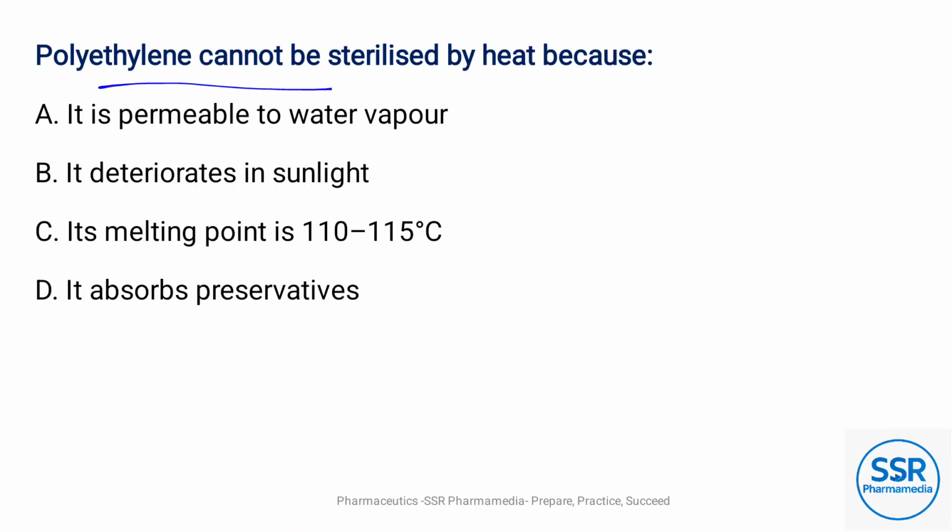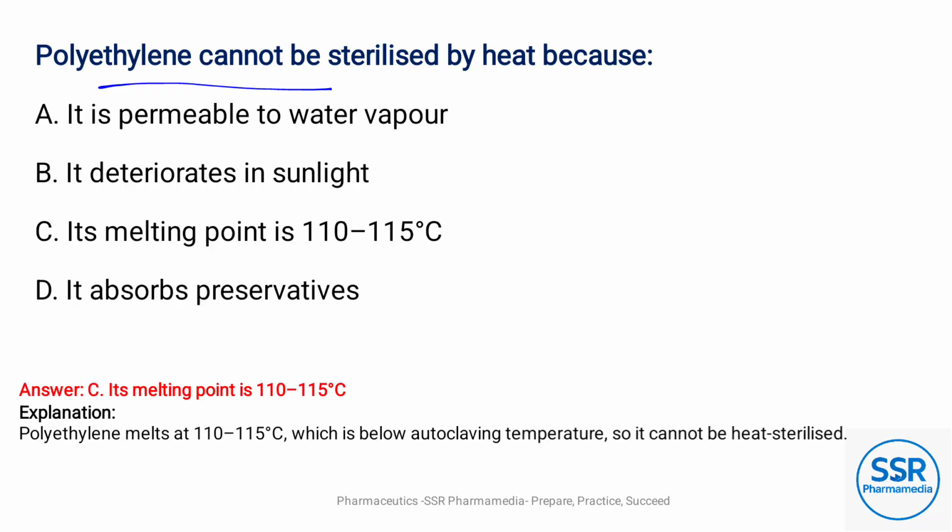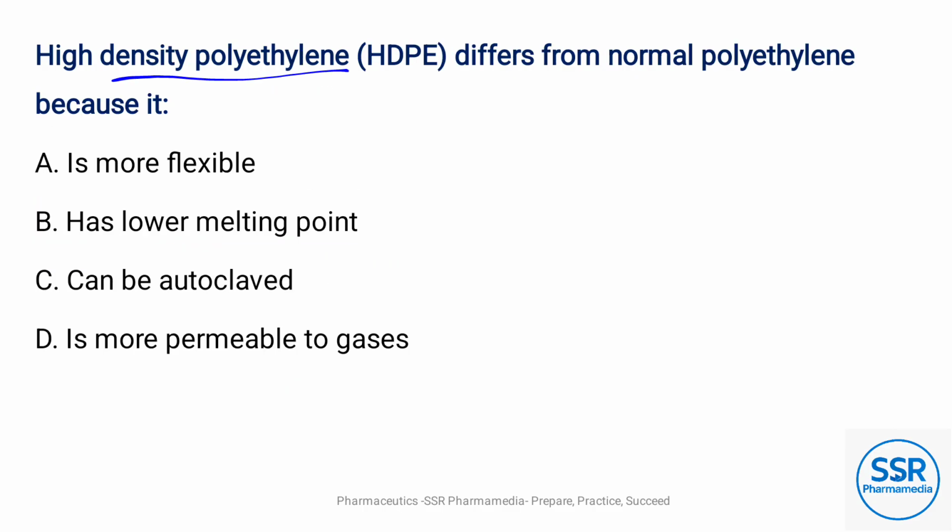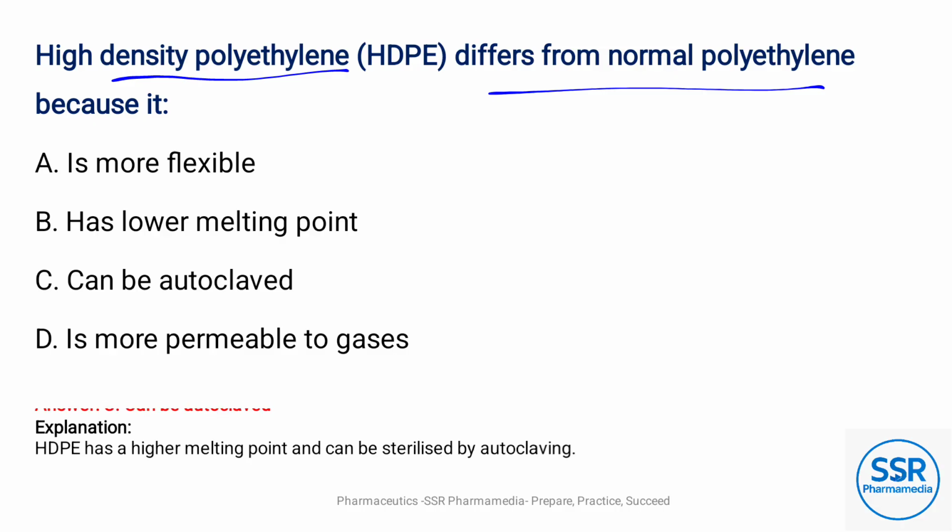Polyethylene cannot be sterilized by heat because, so option C is the answer. Its melting point is nearly 110 to 115 degrees Celsius. High density polyethylene differs from normal polyethylene because it, option C, can be autoclaved.